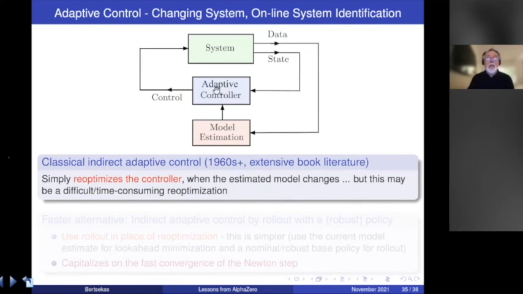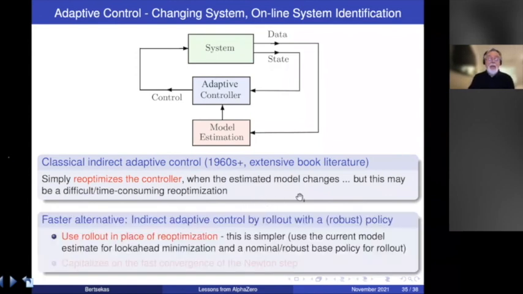And the indirect adaptive control viewpoint is to re-optimize the controller when the estimated model changes. On the other hand, there's a problem with that. This re-optimization may be difficult or very time-consuming. So there is room for simpler alternatives. And rollout combined with multi-step lookahead provides such an alternative.